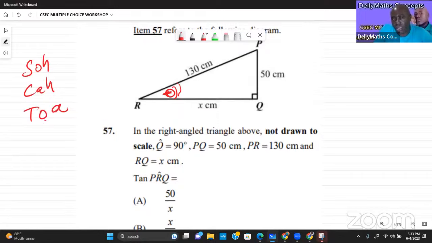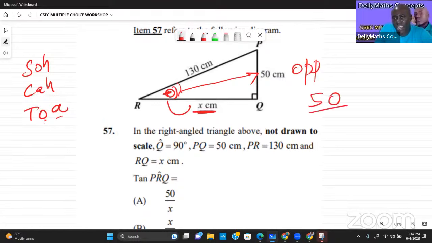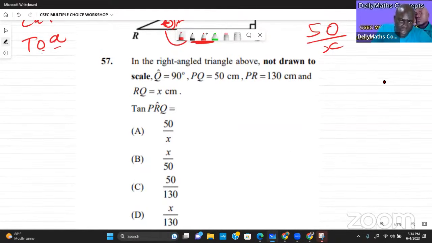Opposite to the angle is 50. This is opposite. Adjacent to this angle is next door. It's X. So it's going to be 50 over X. That is tangent of that angle. So we're looking for that.